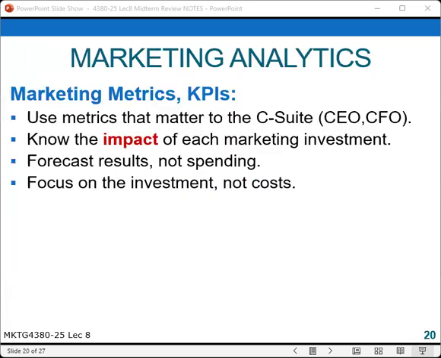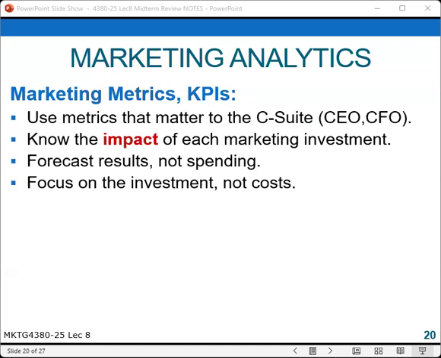So we use metrics or KPIs to measure and manage performance. Those are those that are of interest to decision makers. That's the important thing. So the first step, we need to make sure we are analyzing and producing output that is going to be important to the people that make the decisions in our organization.